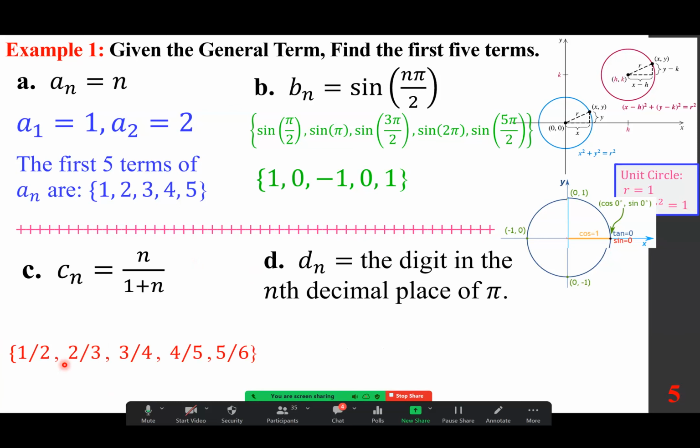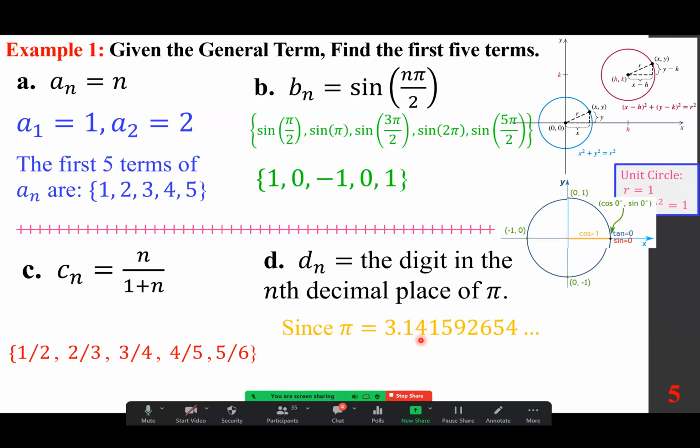d sub n is the digit in the nth decimal place of pi. First, let me remind you what pi is. Pi is not equal to 3.14. It is approximated by that. Pi is 3.14159, and it continues indefinitely. So the very first decimal is 1, everybody. So d sub 1 is 1.